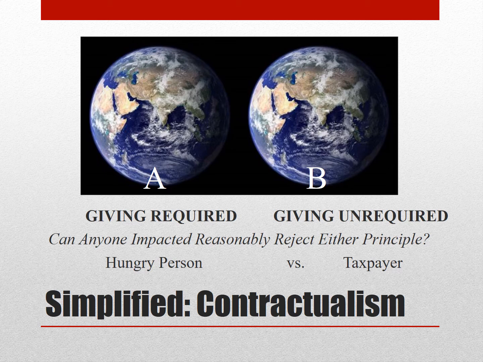Flip that around, that means that a utilitarian says that an act is wrong, morally wrong, if it fails to maximize utility or good consequences. A contractualist, in contrast, says that an act is wrong if any individual impacted by it can reasonably reject it, or more accurately, can reasonably reject the principle or principles on which that act is based and justified.